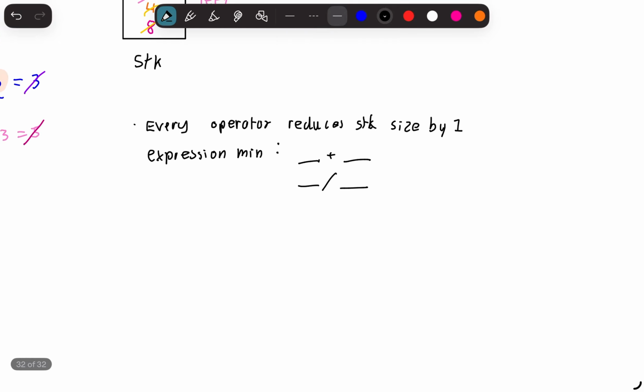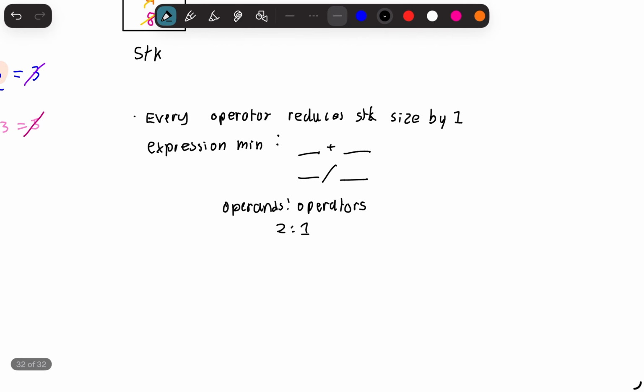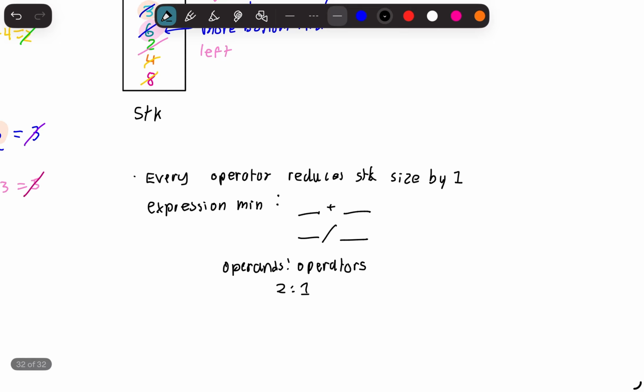The ratio of operands to operators is going to be 2 to 1. So if you have an operator, it's going to slash off 1 operand on your stack.